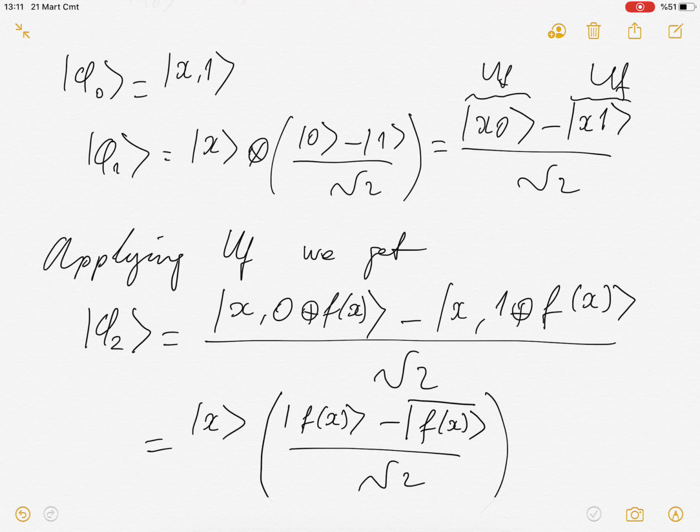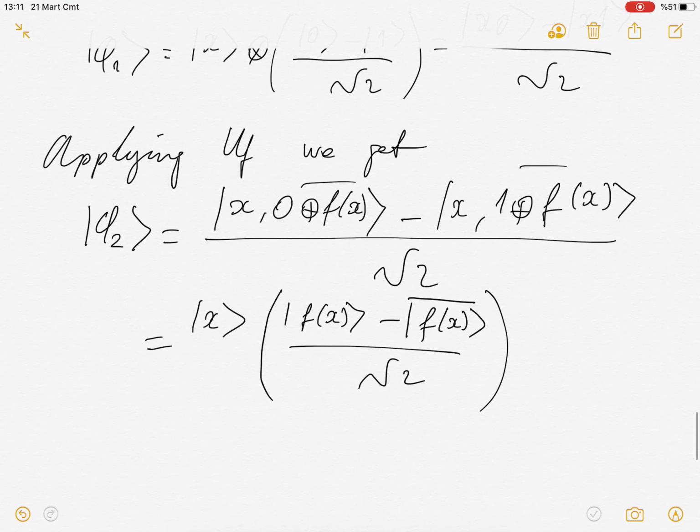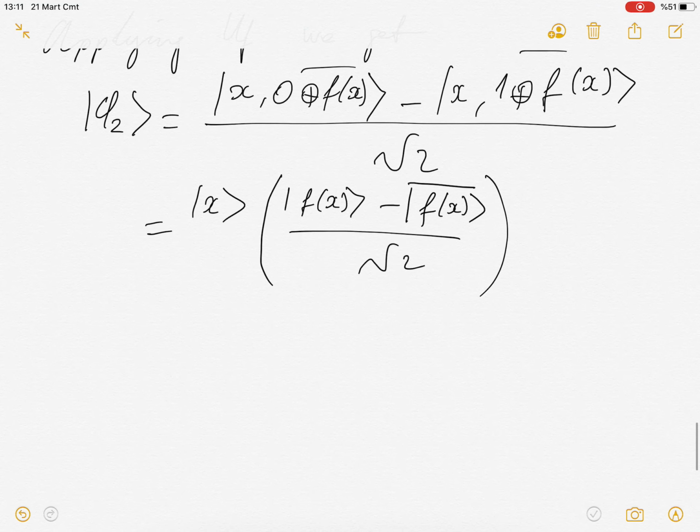Because these two components will be complements of each other. So depending on the value of f(x), phi 2 will be in one of the two states.